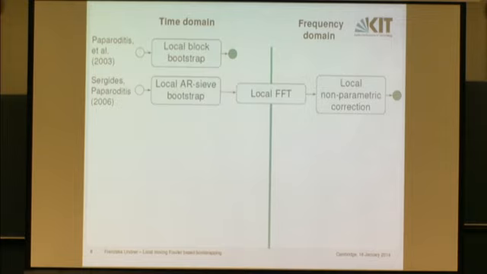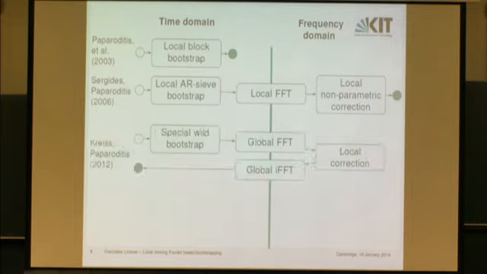Well, what's special about the third method is that it actually enables to go back and forth between time and frequency domain. It's called local wild hybrid bootstrap by Kreiss and Paparoditis. They use a special wild bootstrap here, then globally Fourier transform the results, do a local correction in the frequency domain, and then go back all the way.